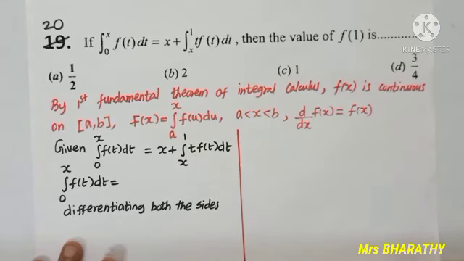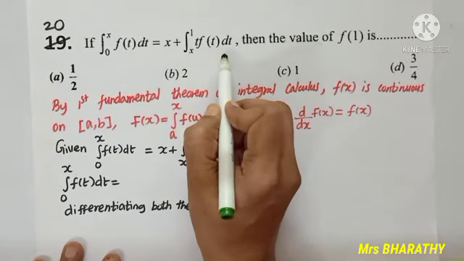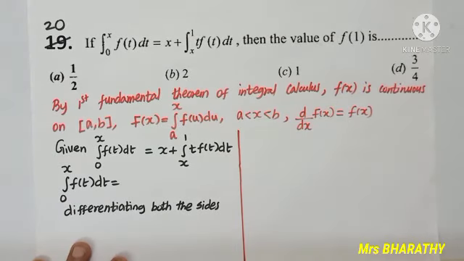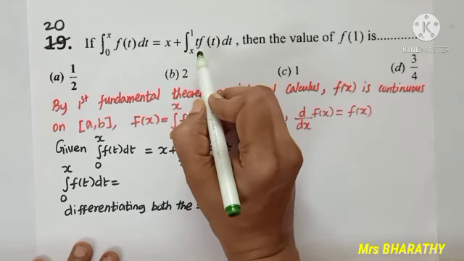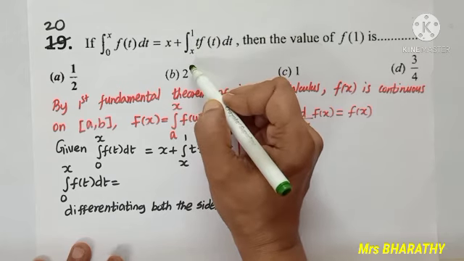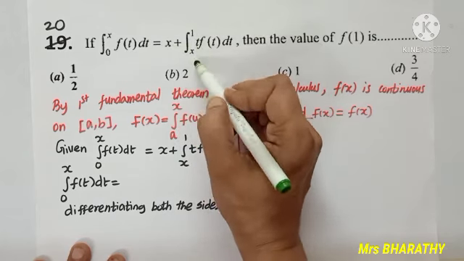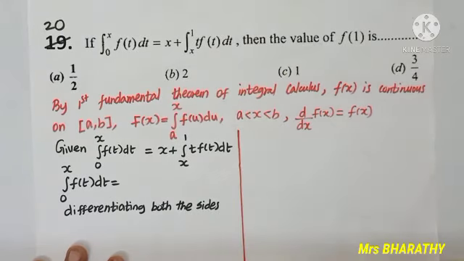Question number 20. If integral 0 to x f of t dt is given, find the value of f of 1. First of all, rearrange this. Using the property of definite integral, x to 1 can be rewritten as minus 1 to x. When I interchange the limits, the plus symbol will become minus.